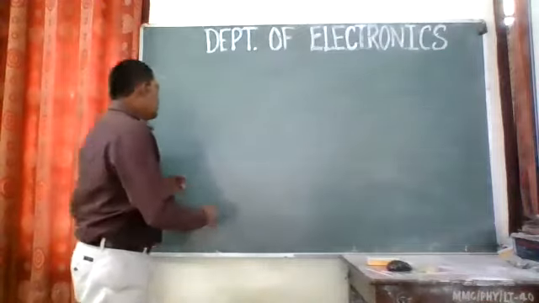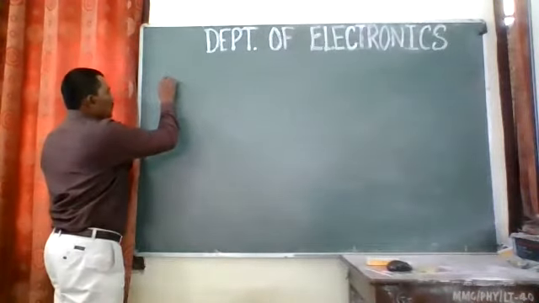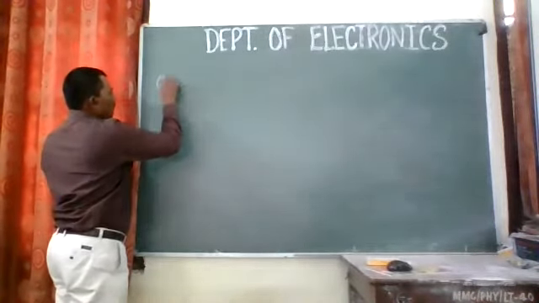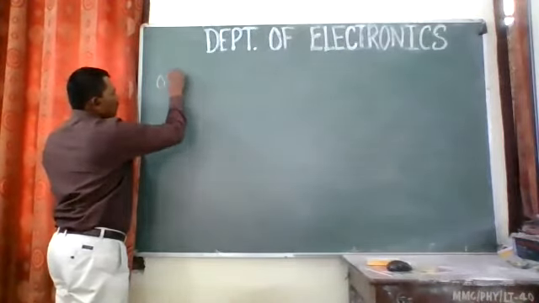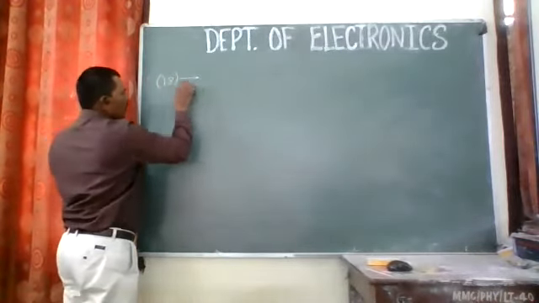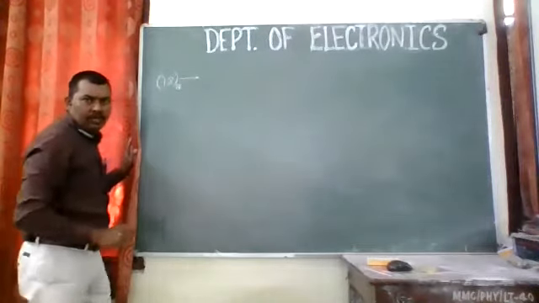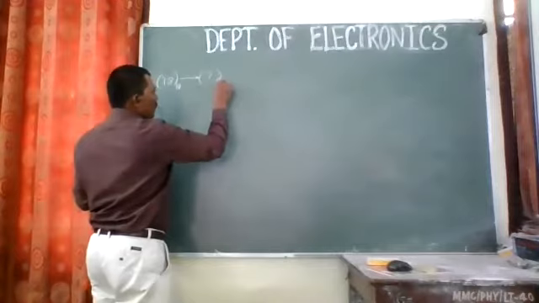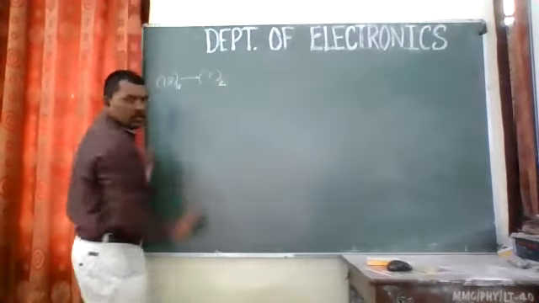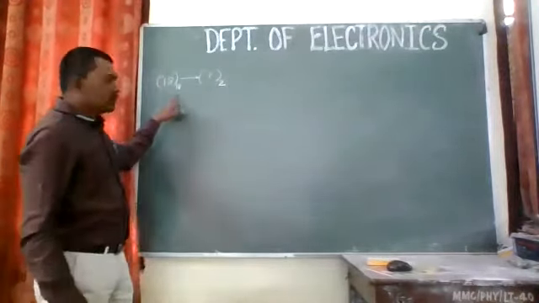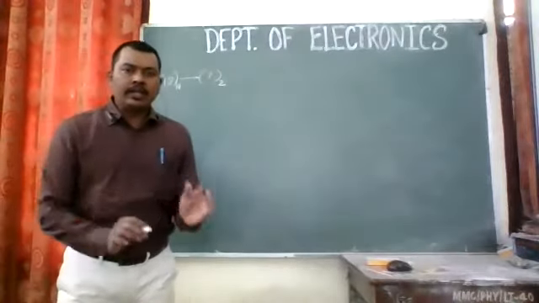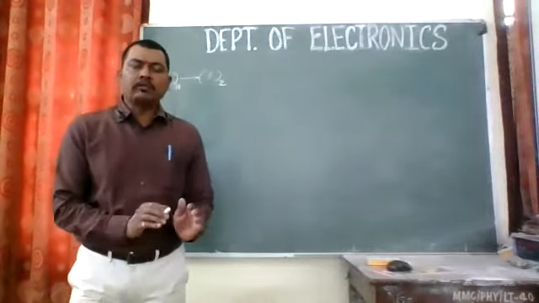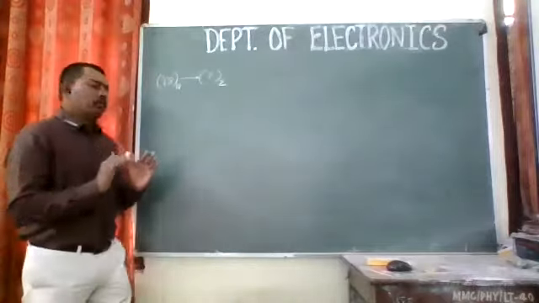So I have a number, say 18. This 18 is the decimal number, and it is to be converted to binary.